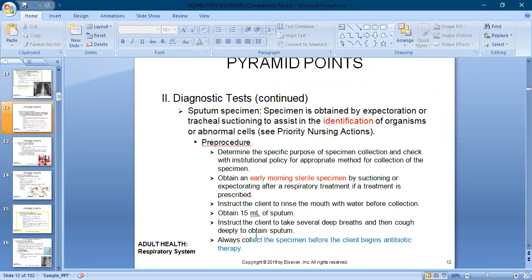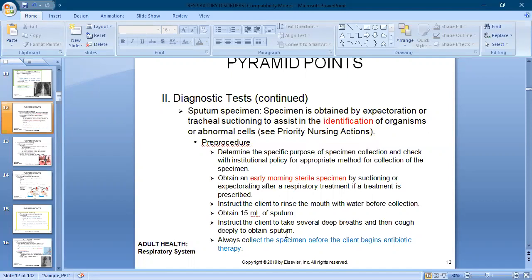And again, one thing here: instruct the client to take a severely deep breath and then cough deep to obtain the specimen. Always collect the specimen before the client begins antibiotic.